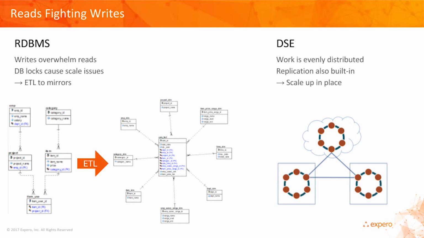Well, with DSE Graph, you don't have these issues. Because of the scalability, because of the Cassandra backend that has built-in replication, you're able to separate concerns if you need to between data centers. DSE Graph is purpose-built to handle the data throughput and the specific data capacities that you need for Customer 360 applications.